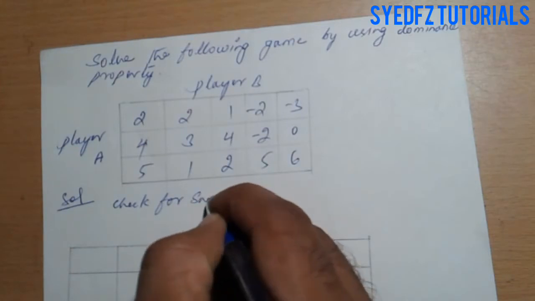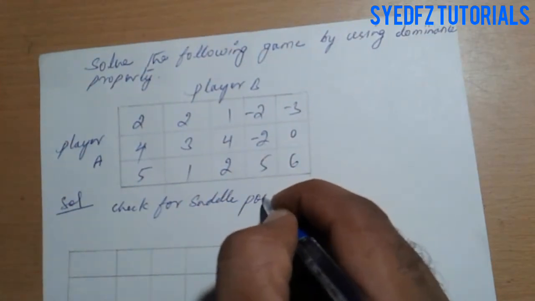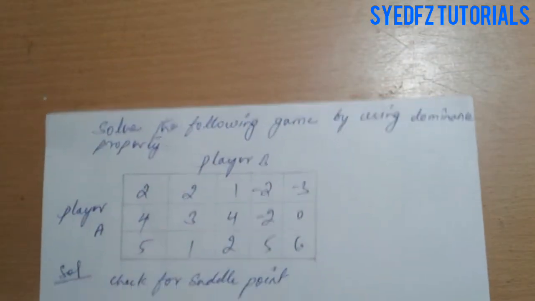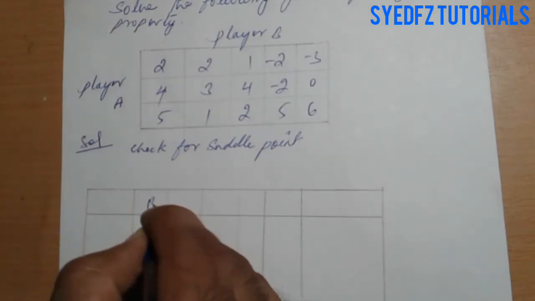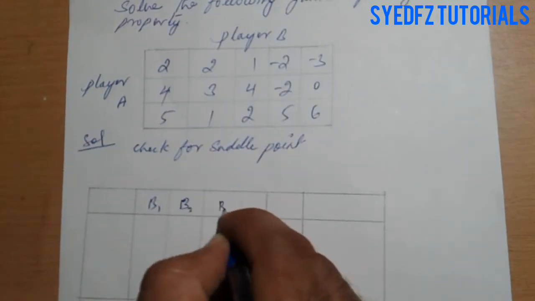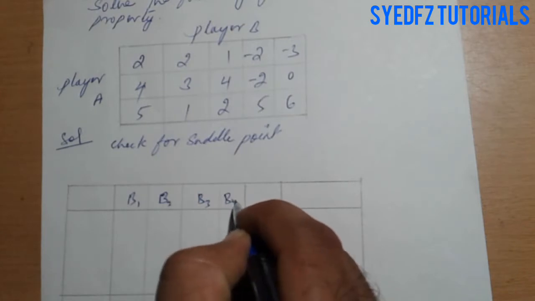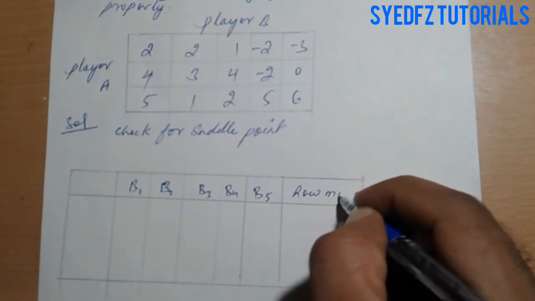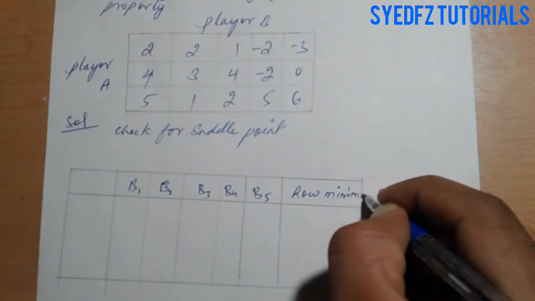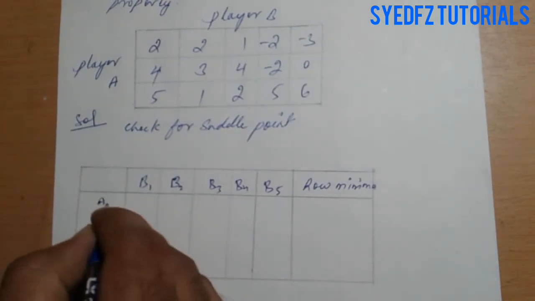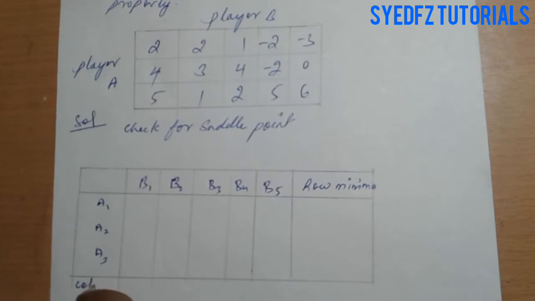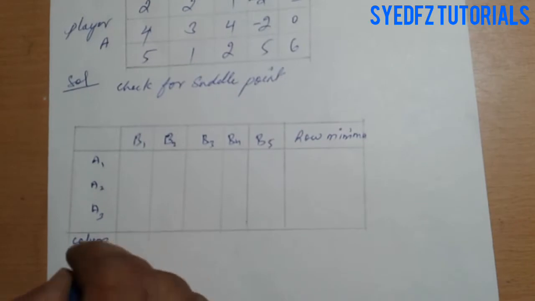I have drawn a box here to enter the strategies: B1, B2, B3, B4, B5, row minima, A1, A2 and A3, and column maxima.